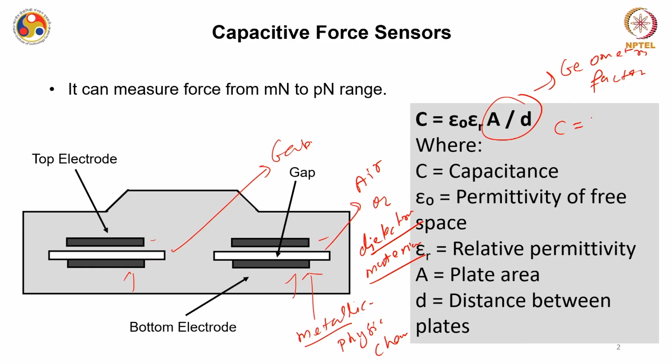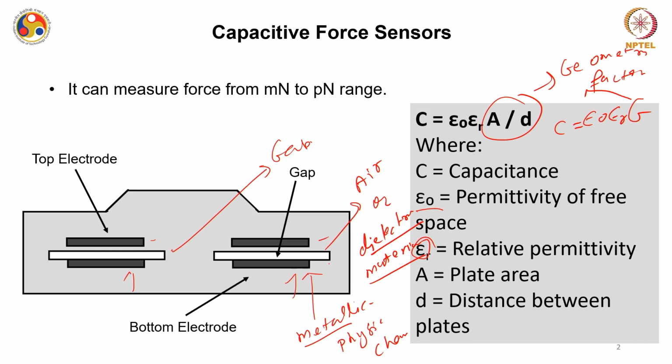So C is equal to epsilon naught epsilon r into g, which is the geometry factor. In this equation, epsilon naught is the permittivity of free space, while if you are using a dielectric material, you have to introduce epsilon r, which is the relative permittivity. A is the plate's area and d is the distance between these two plates.